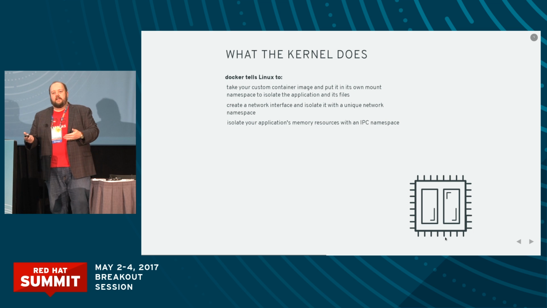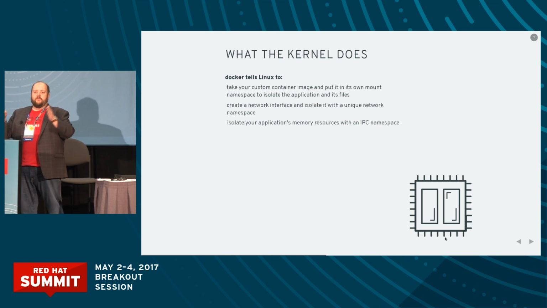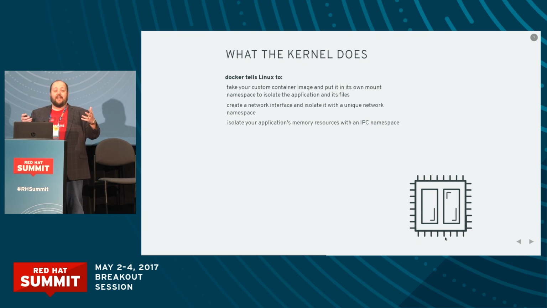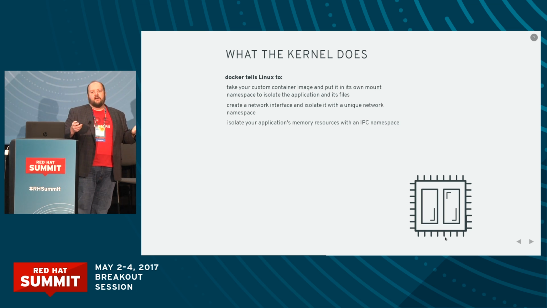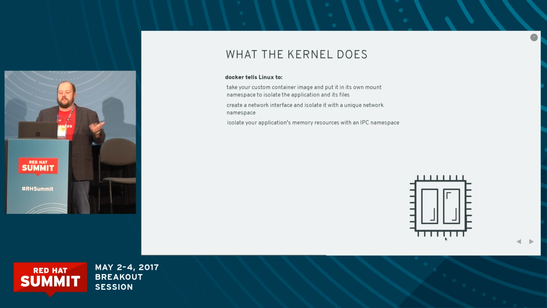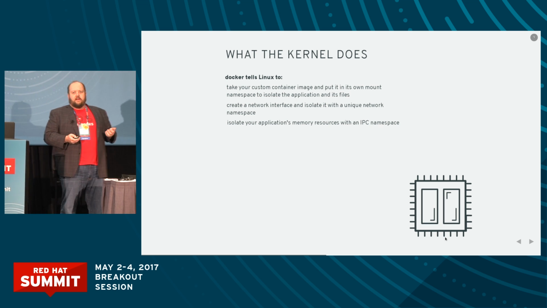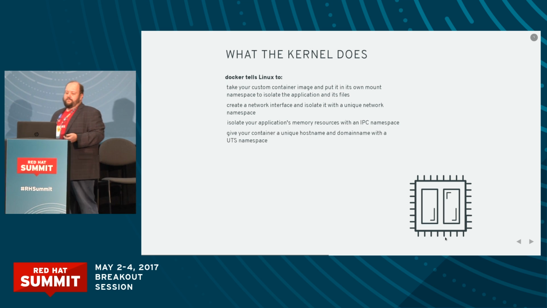We use an IPC namespace, inter-process communication, so we can cordon off chunks of RAM and have multiple shared memory resources with the same name running on the same server. So we don't get seg faults, everything just works happily. So again, just kernel files, kernel tricks, things that have existed in the kernel for years. The IPC namespace showed up 2010, 2011. It's been around for years. We just haven't been leveraging it very well.